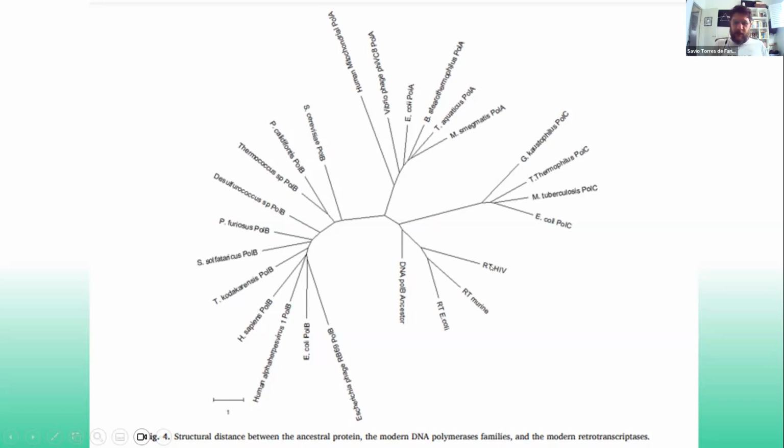We had here the reverse transcriptase, and in the other branch we had the DNA polymerase family C, family A, and family B. The ancestor is structurally more similar to the reverse transcriptase than all of the other families of the DNA polymerases. This data suggests that the DNA polymerase emerged from the reverse transcriptases.